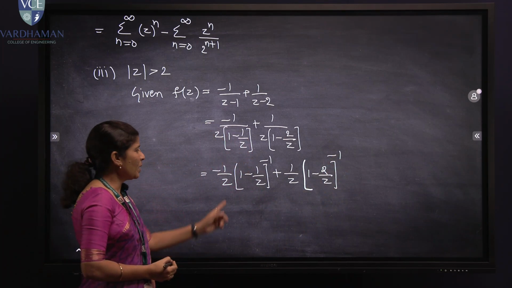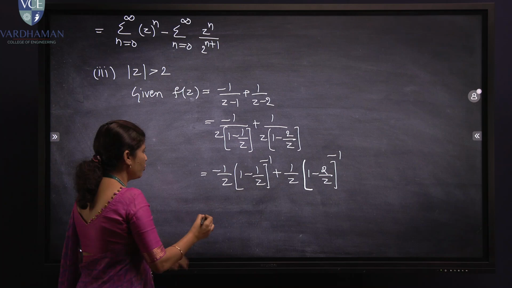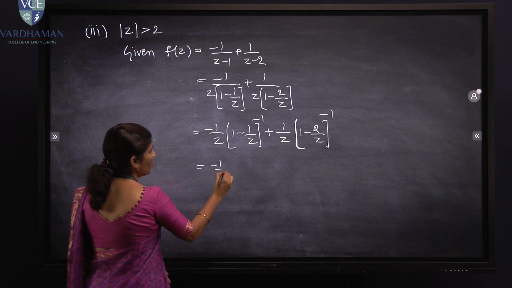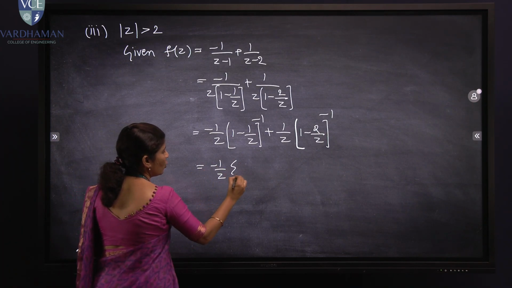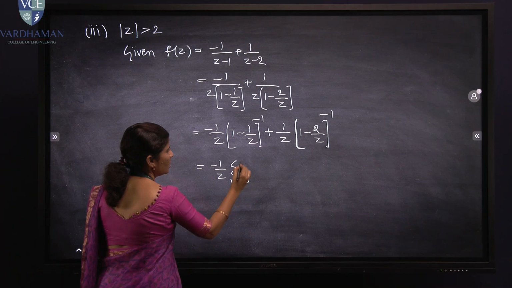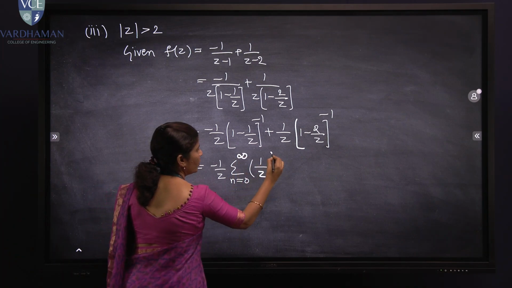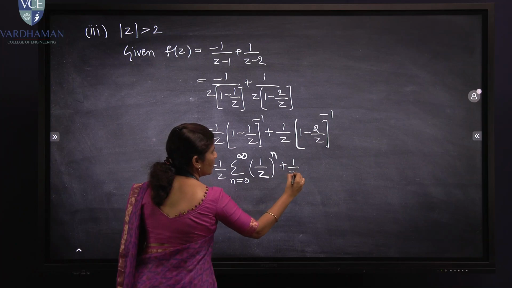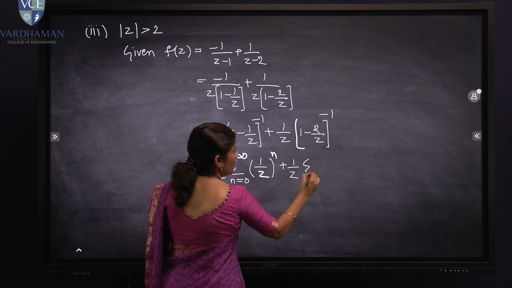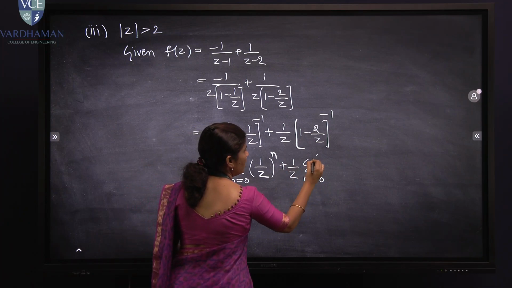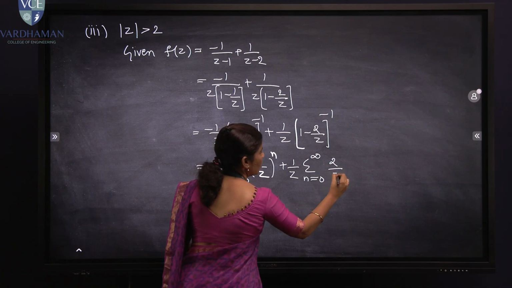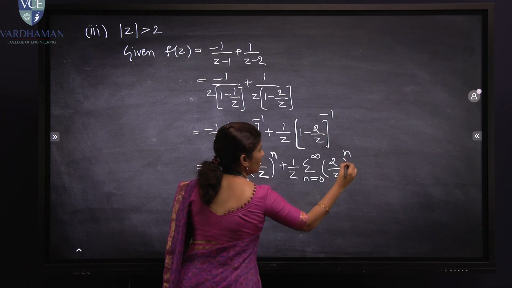Now this expansion we are writing in a summation form, that is minus 1 upon z as it is. This we also write as summation n is equals to 0 to infinity (1 upon z) whole power of n, plus 1 upon z summation n is equals to 0 to infinity (2 upon z) whole power of n.